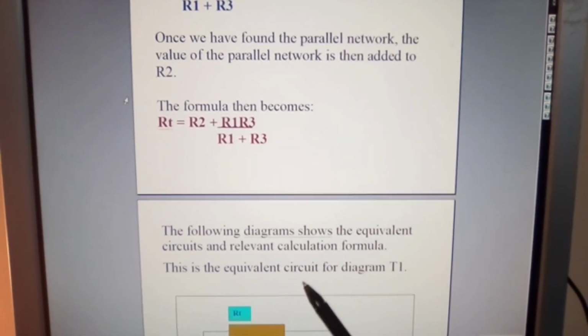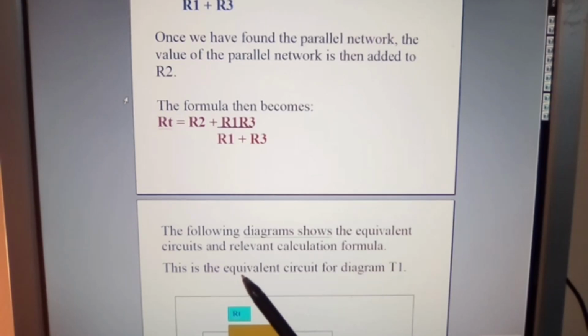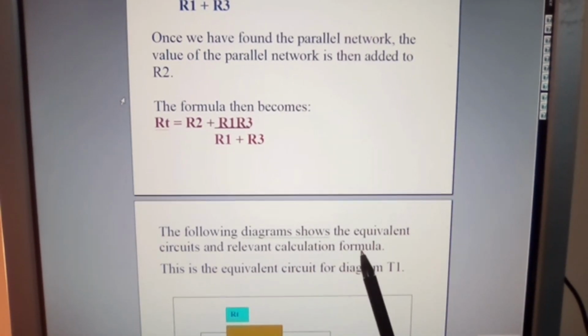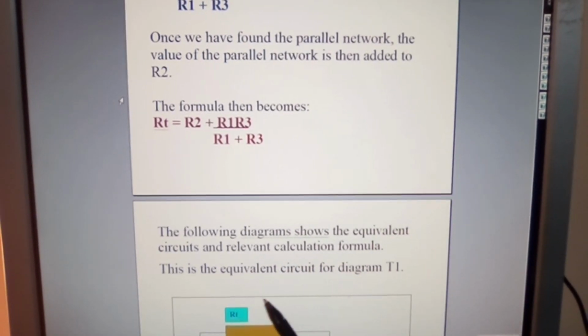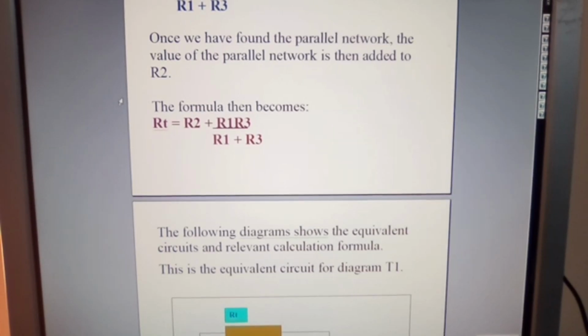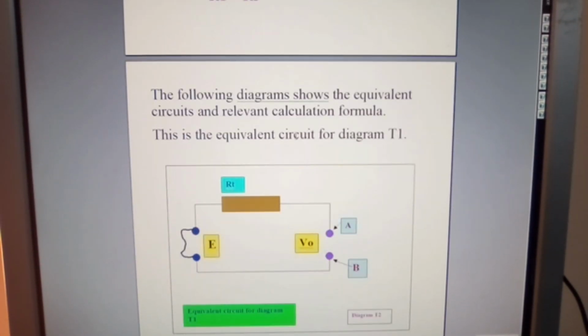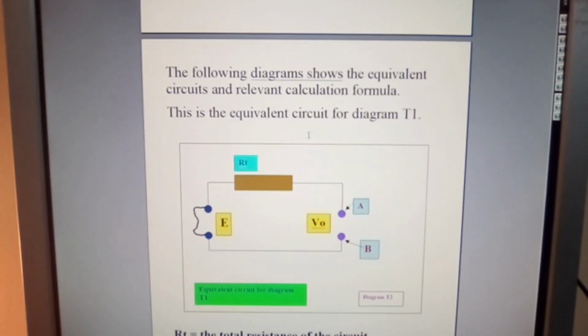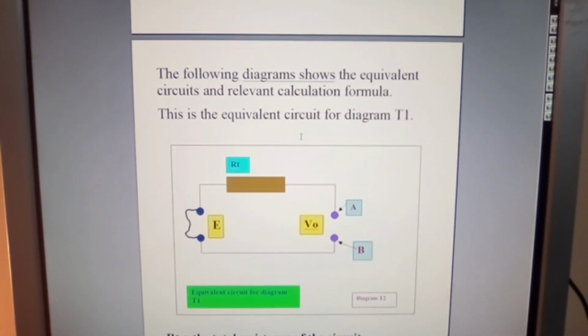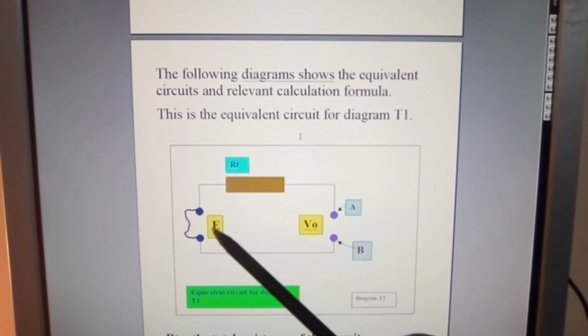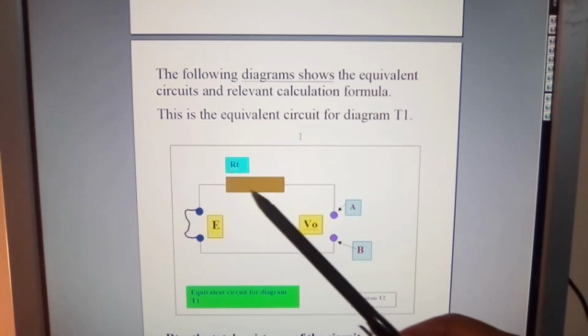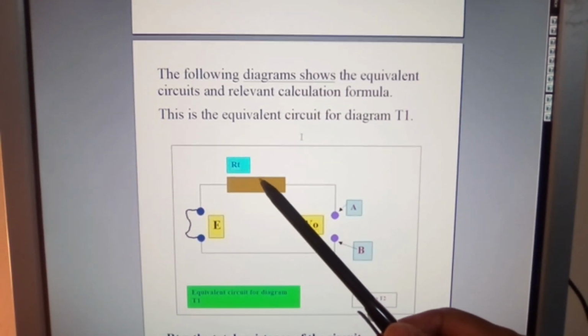Now the following diagram shows the equivalent circuit and relevant calculation formulae. This is the equivalent circuit for T1. And here we are: E, V out, and RT, total resistance.